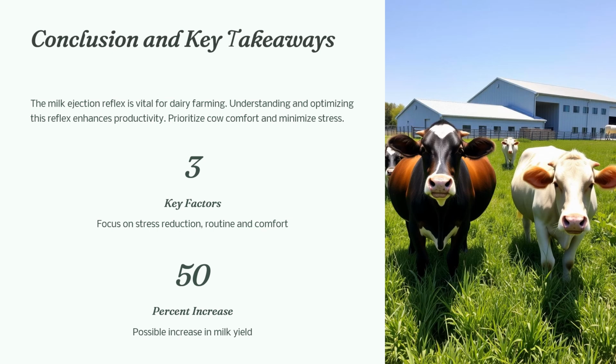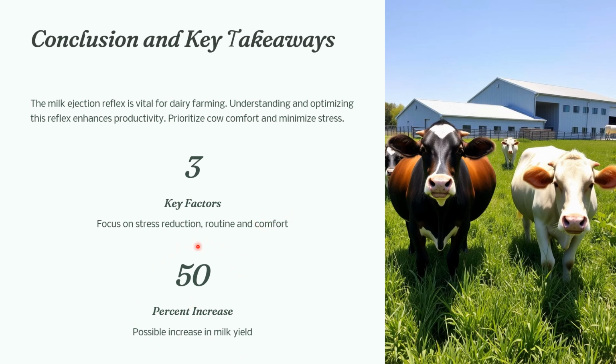Now, the conclusion and key takeaways from this presentation: it is ideal to have a good milk ejection reflex in almost all the milking animals of the dairy farm, because it enhances the productivity of the animal by providing us more milk. Three key factors should always be kept in mind: keep our animals stress free, follow the routine of the farm, and give comfort to the animal as well as to the milkers.